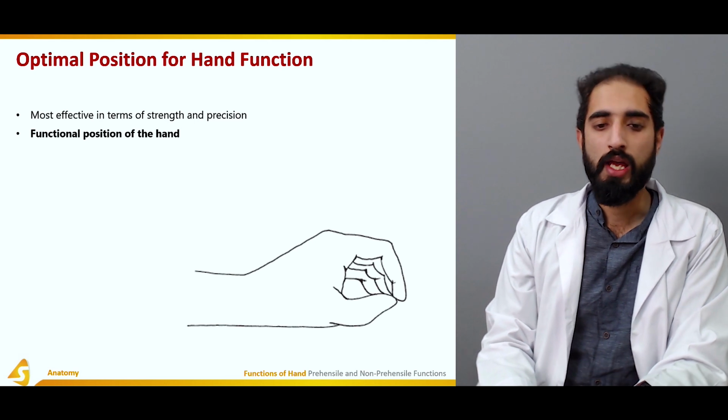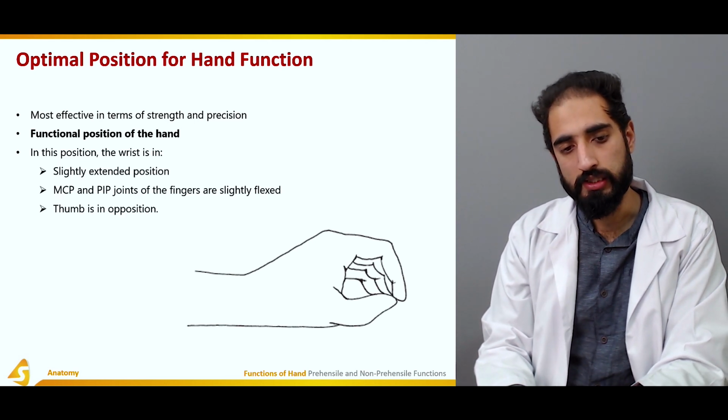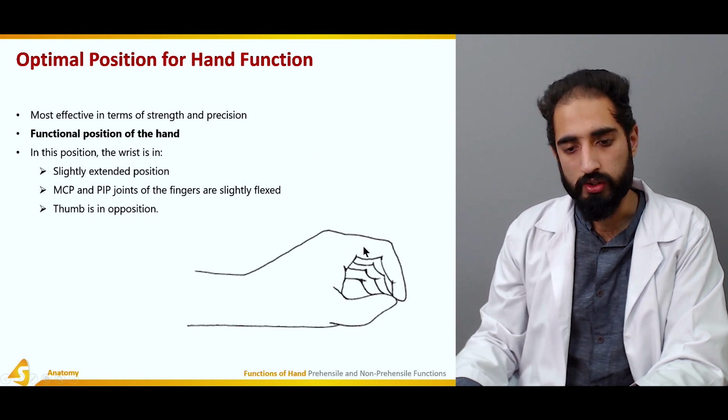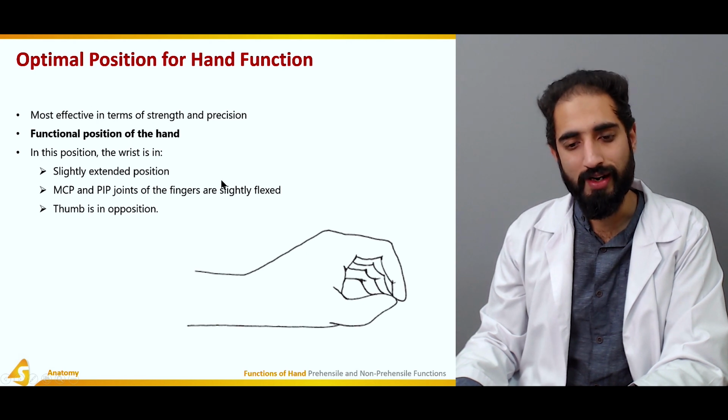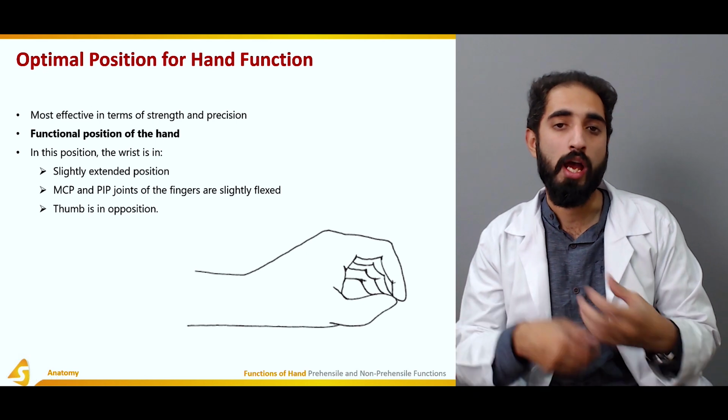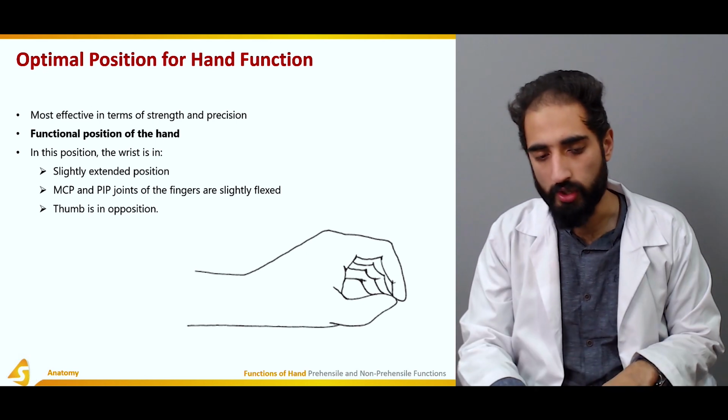In that position, the wrist is slightly extended, as we can see here. The metacarpophalangeal joints and proximal interphalangeal joints are slightly flexed, and the thumb is in opposition, but that may vary from object to object.